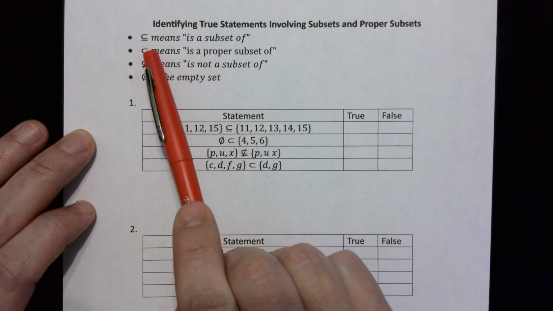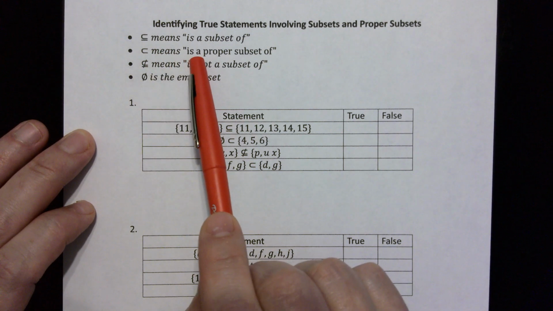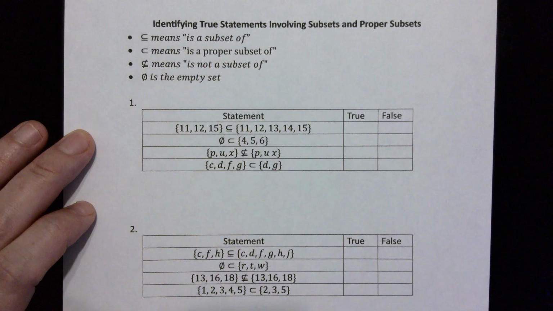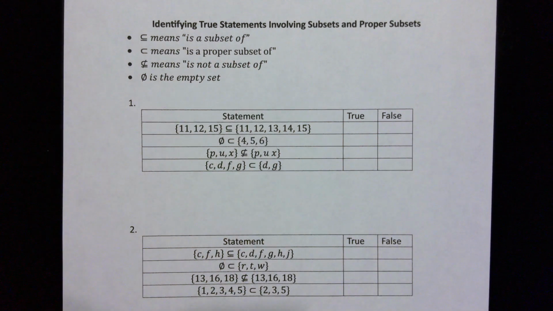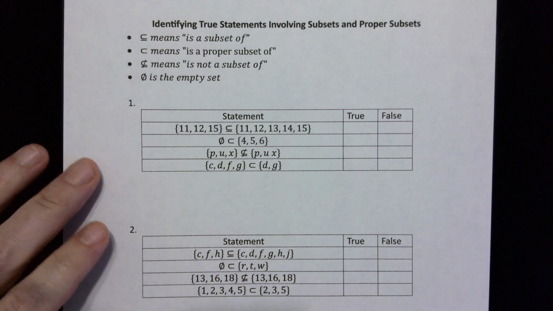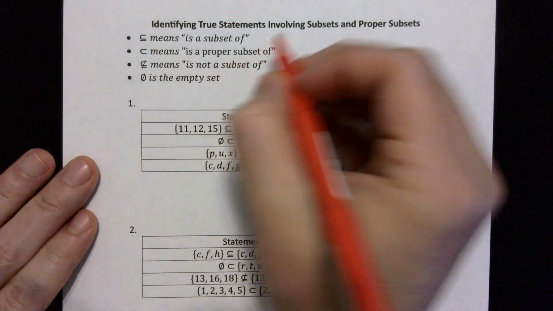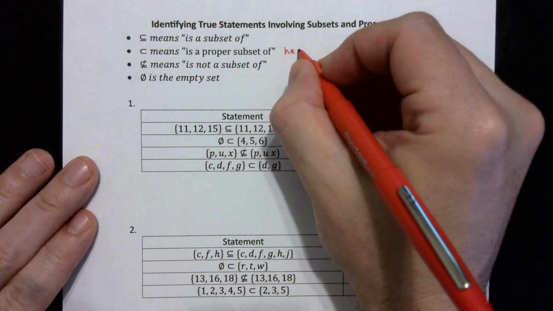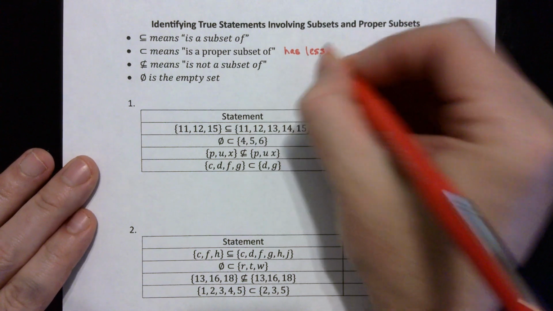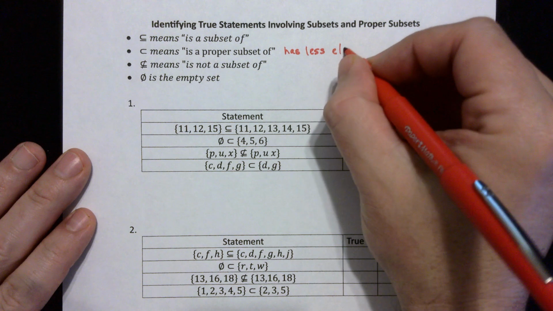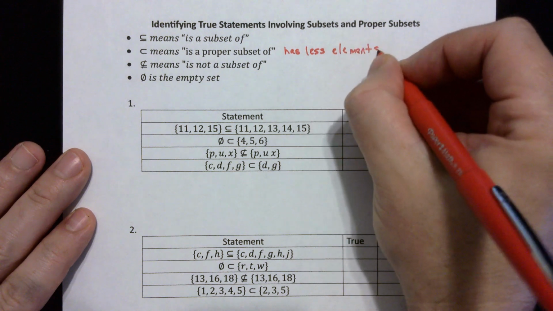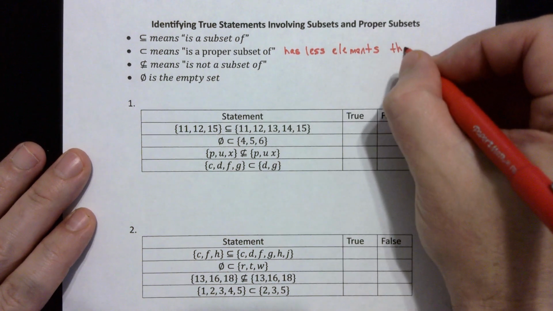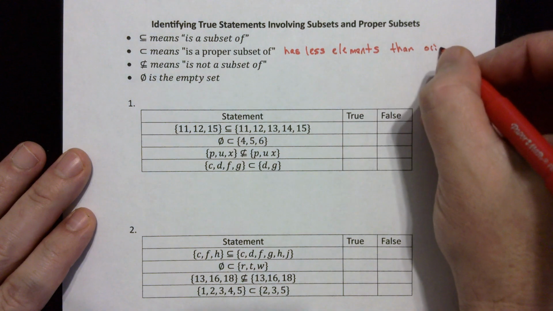If it doesn't have the line underneath, it reads "is a proper subset of." The only difference between a subset and a proper subset is that a proper subset has fewer elements than the original set.